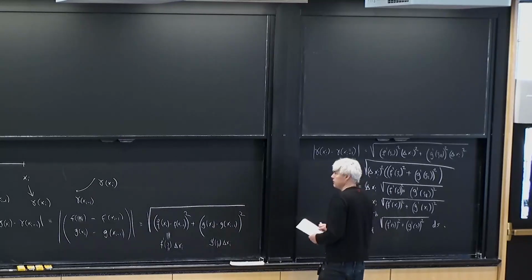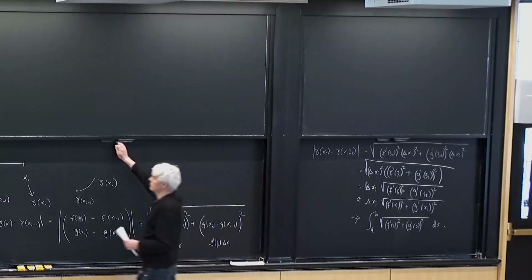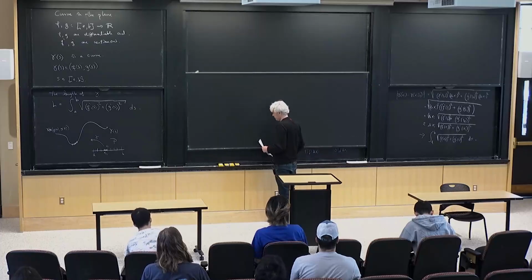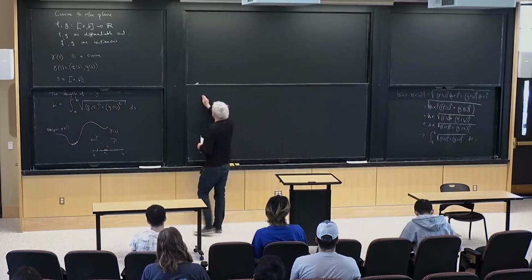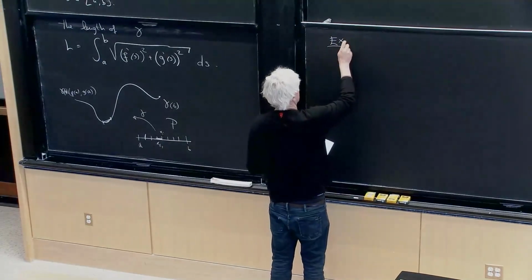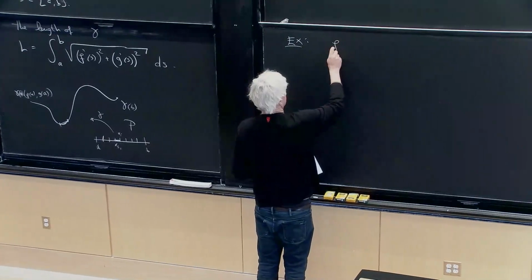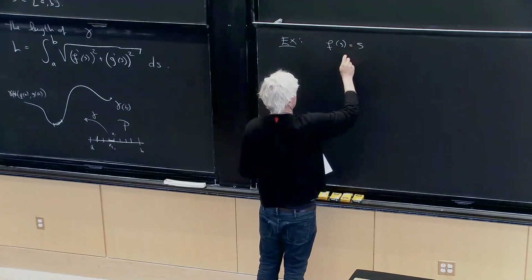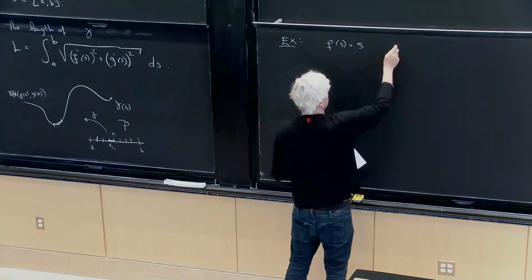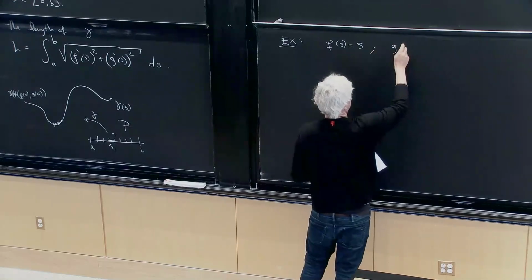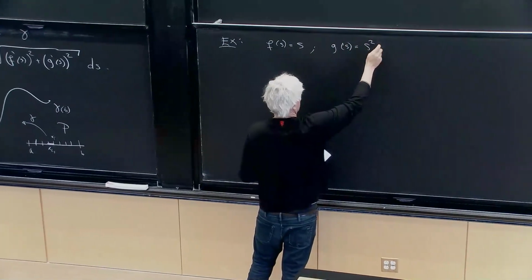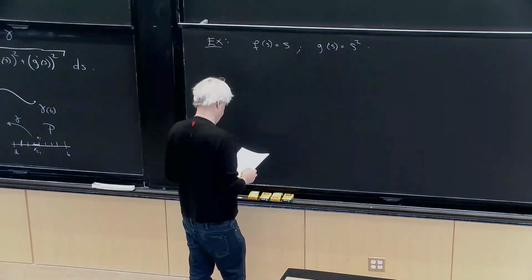And so let's look at an example of this. We'll look at two examples. Let me first look at the case where f of s is equal to s and g of s is equal to s squared.